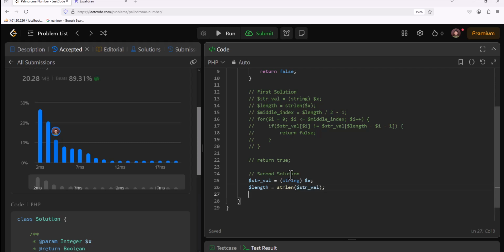Now we check if length mod 2 equals 0, it means that the length of digits is even.